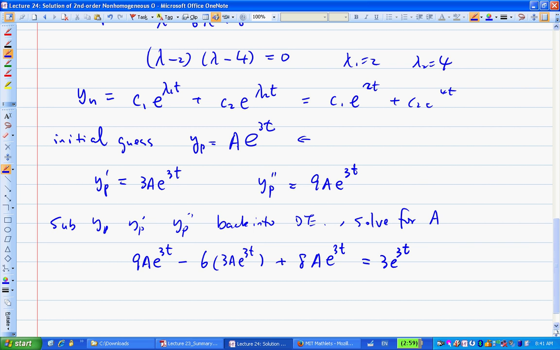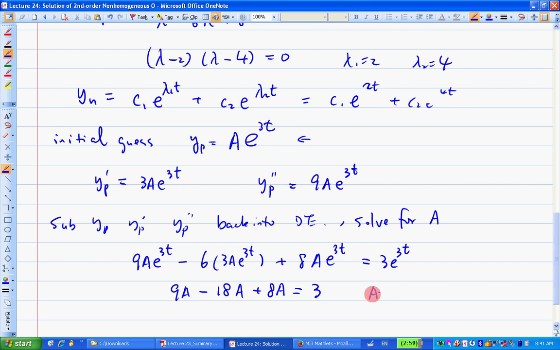So solve for A. This is actually easy because your left side has a common factor e to the power 3t, and the right side also has a common factor e to the power 3t. So those cancel, and we end up with 9A minus 18A plus 8A equal to 3. So 9 plus 8 is 17, minus 18 is negative 1A.